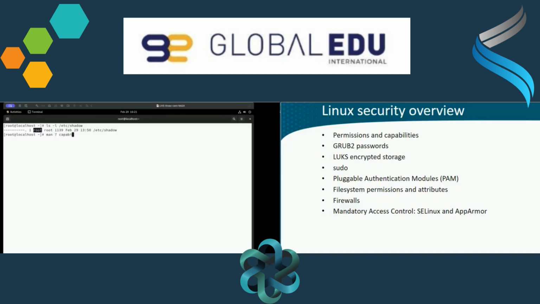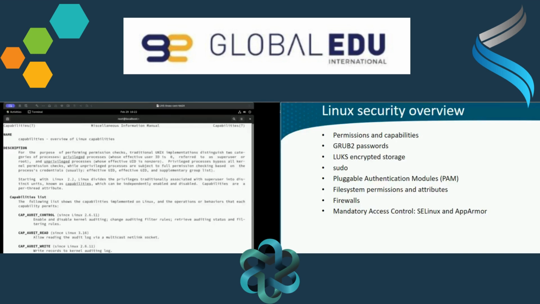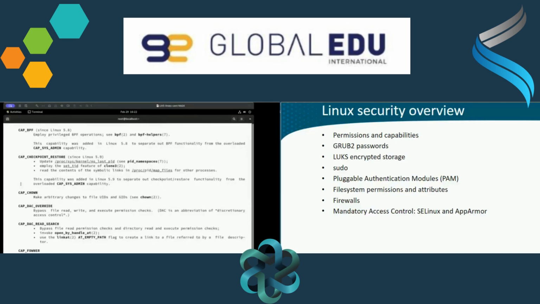And what are capabilities? Capabilities are like system rights. So permissions are providing access to the file system, and capabilities are providing access to parts of the operating system. There is, for instance, CAP_CHOWN. That's a capability which provides the permission to change ownership. There is also CAP_SYS_ADMIN.